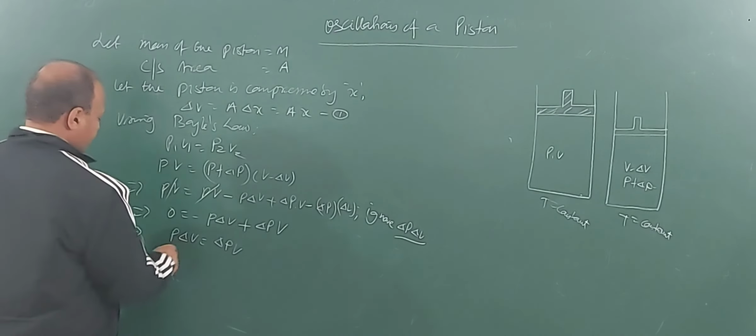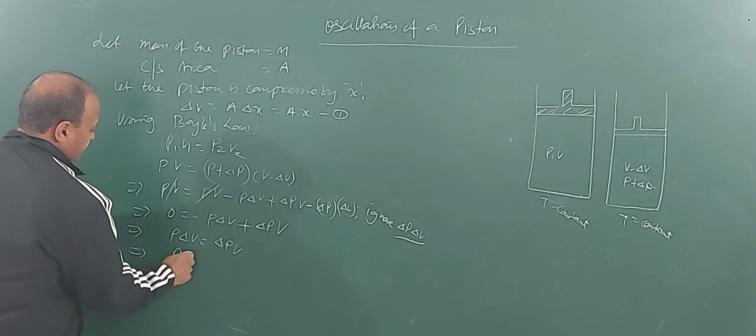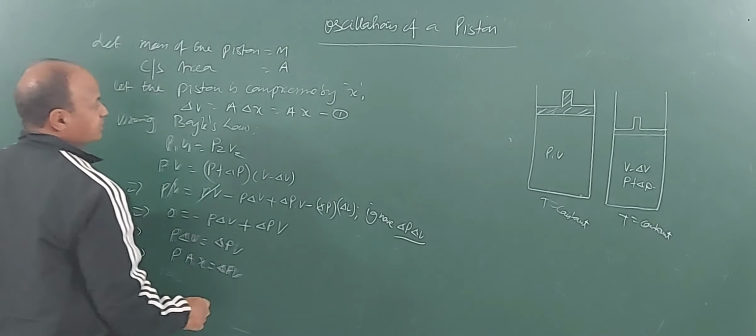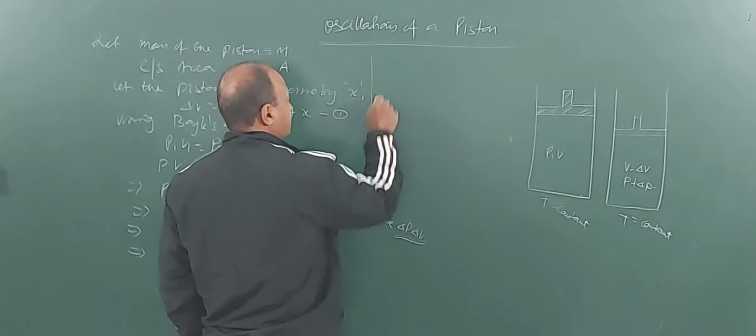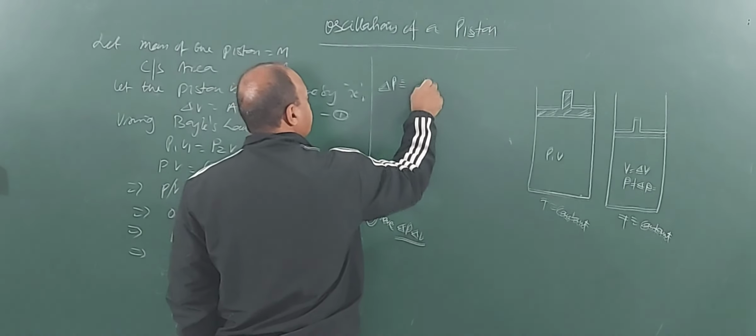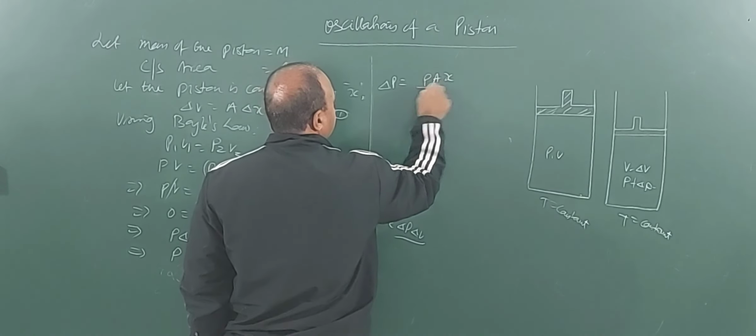And how much is delta V, children? A into x. So P A into x is equal to delta P into V. So what is delta P? Increase in pressure will be PAx by V.